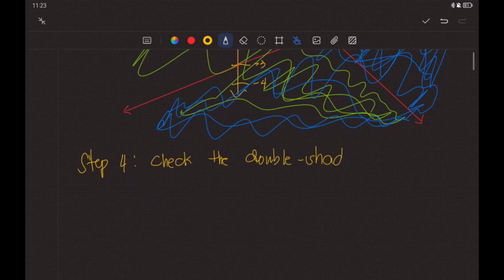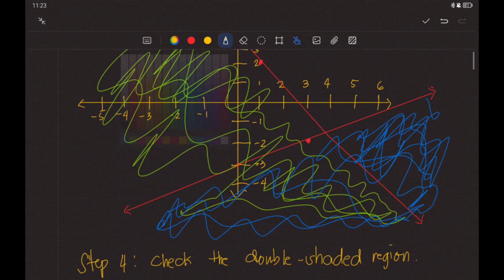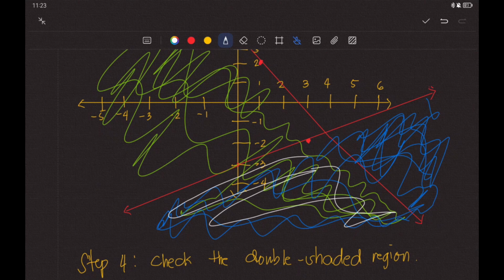We can only use one point from where it lies in the double shaded region, not necessarily two, I will show you just one. Now for this case, I'm gonna use the point that is on the area here. So I'm gonna use positive 2 and negative 3 that is located here.